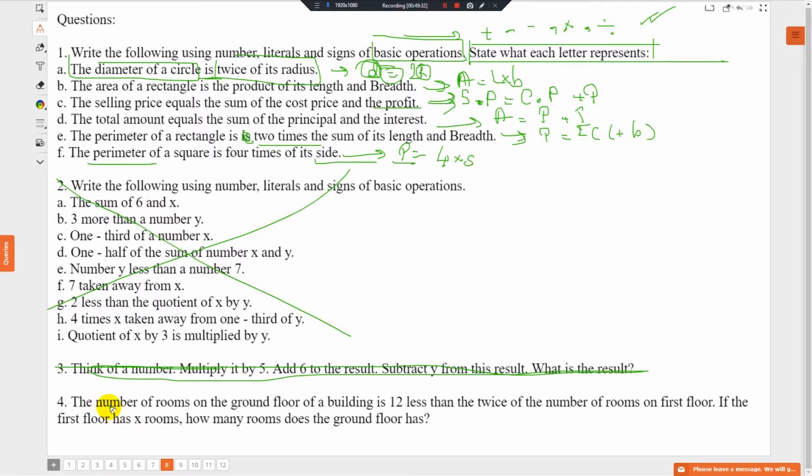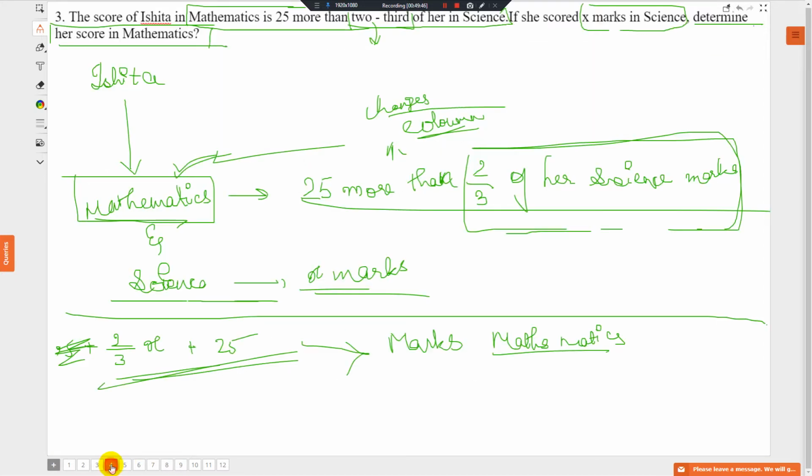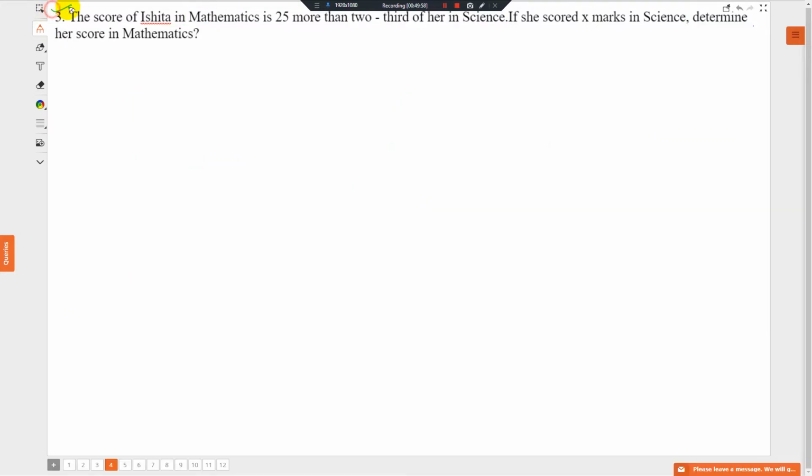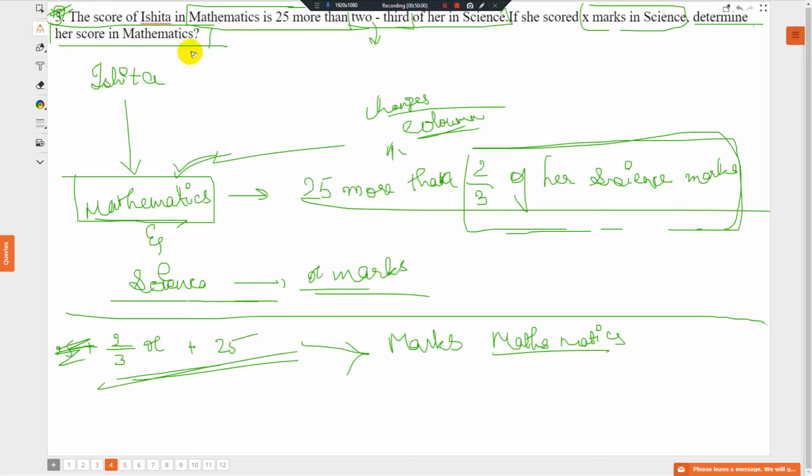Now, the number of rooms on the ground floor of a building is 12 less than twice the number of rooms on the first floor. If the first floor has x rooms, how many rooms does the ground floor have? Did you hear this question somewhere? Yes, it is like Ishita's question, where mathematics marks are 25 more than two-thirds of science.